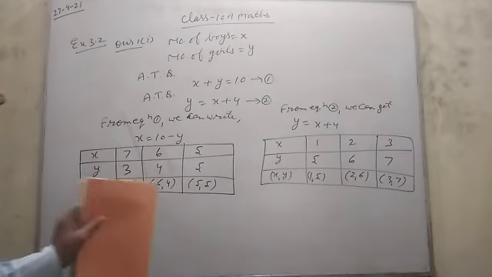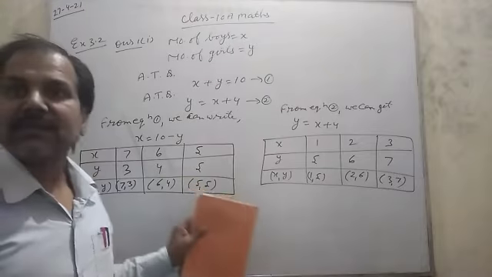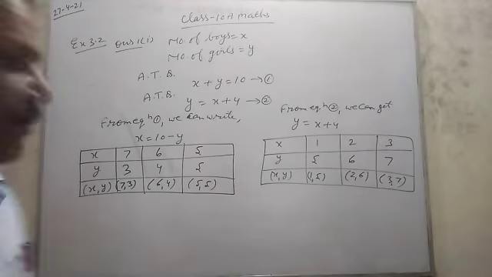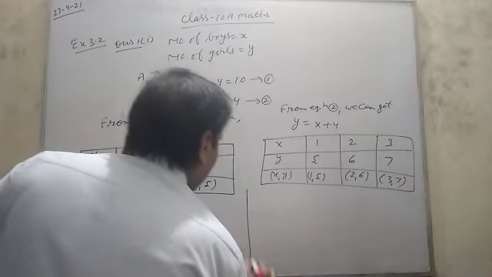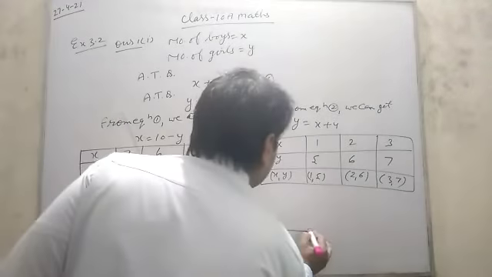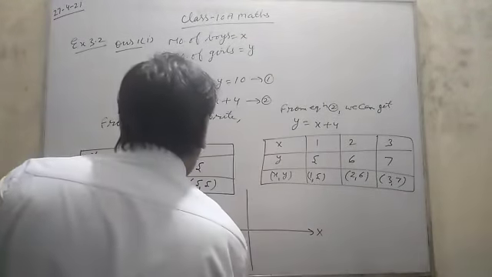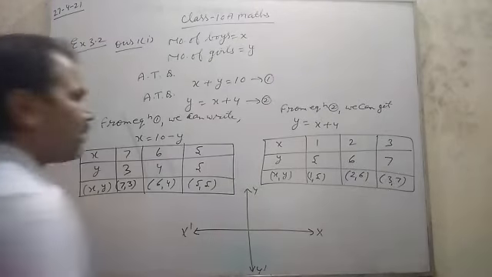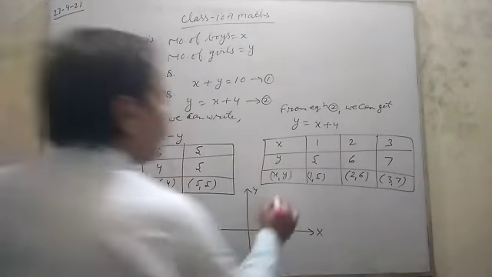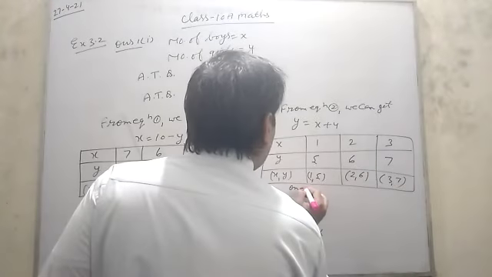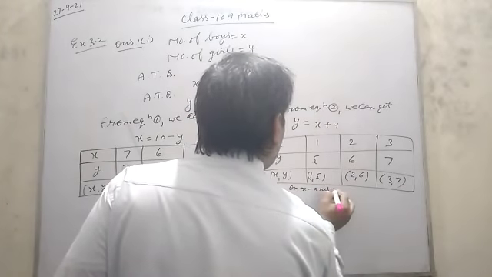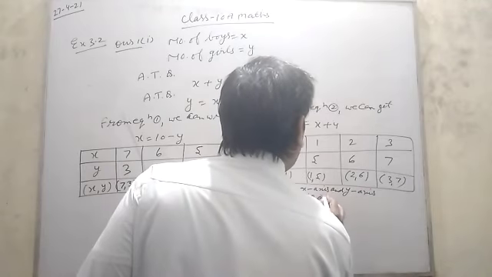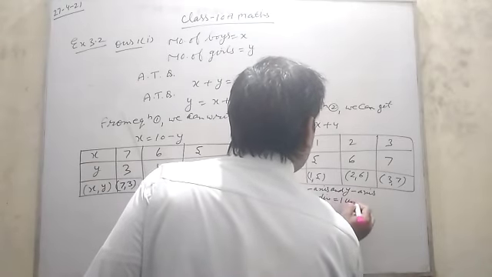Your exact solution will come when you draw these lines on the graph paper. So y axis, x axis, x dash, y dash. Here values are not very big, so on x axis and y axis, 10 divisions equal 1 unit.